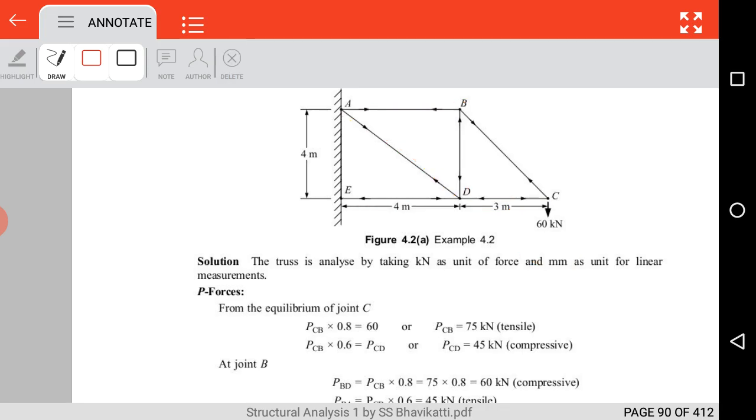For that we consider the equilibrium of the joint C. We draw the free body diagram of the joint C. The member BC is an inclined member and it has the angle theta, calculated as tan inverse of opposite 4, adjacent 3, so tan inverse of 4 by 3.